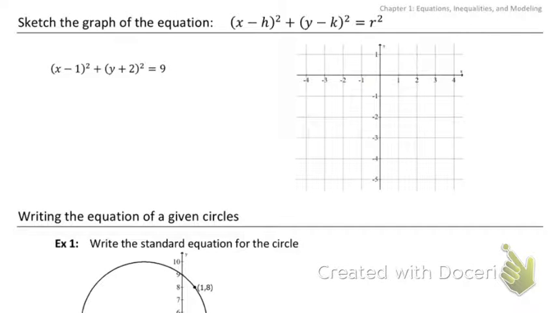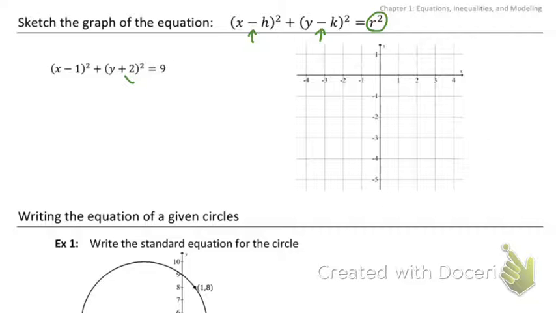So our first example is sketch the graph of this particular equation, reminding ourselves that it comes in standard form. Now, the weird thing about standard form is the fact that we need to have these subtraction signs. The other thing I want to point out is it is r squared. So don't just circle the very right thing and go, oh, that's my radius. 9 is not our radius, nor is plus 2 going to be our k value.